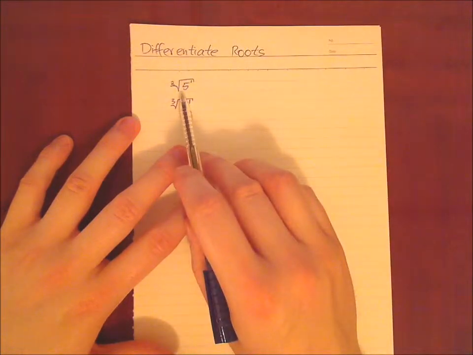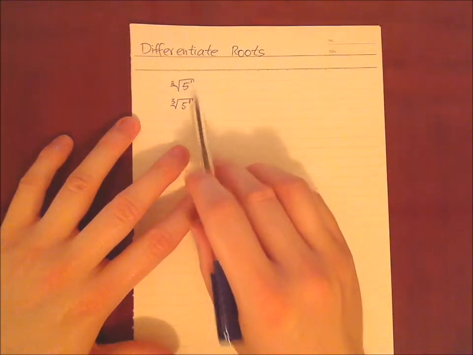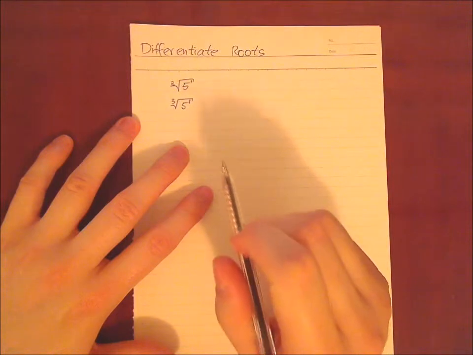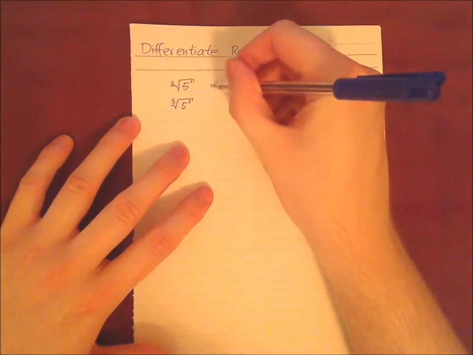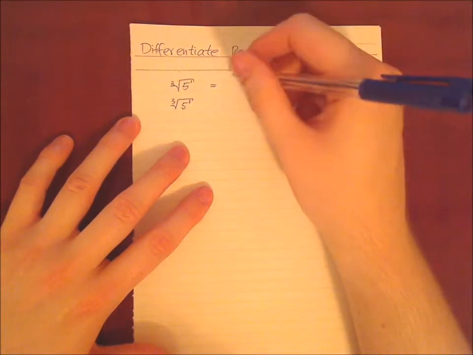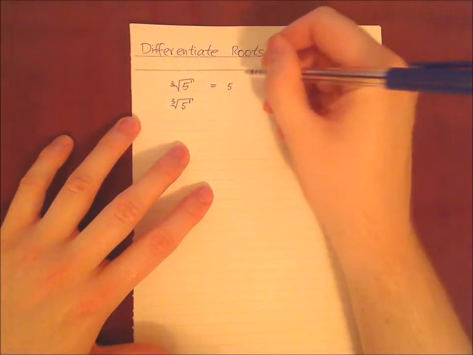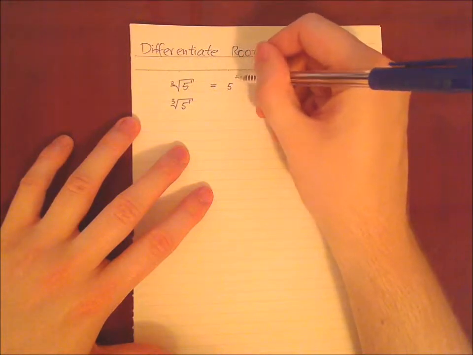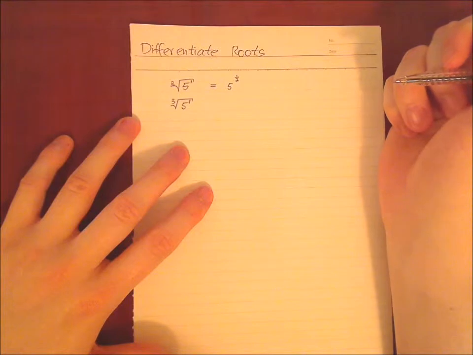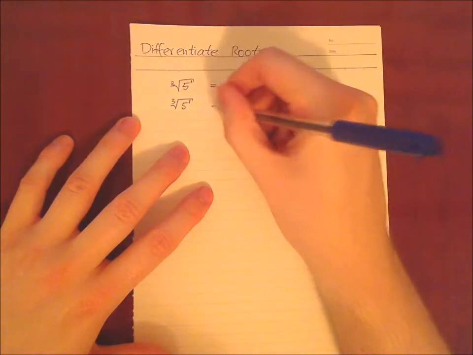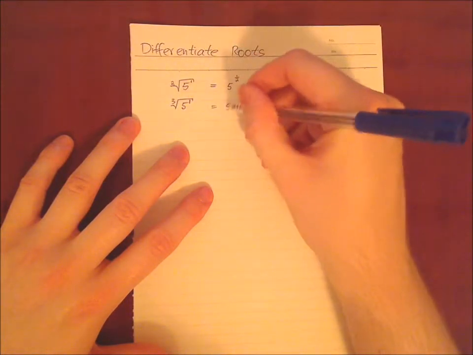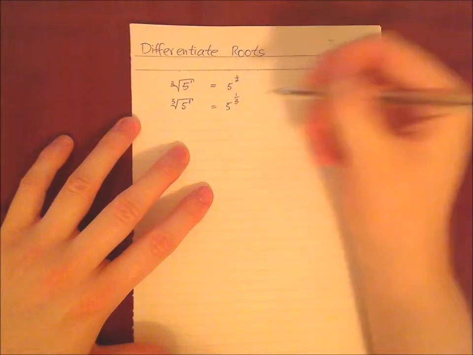And there's a second way for those roots to write them down, which is with a power. So we can write 5 to the power of a half. And in the same way we can here write 5 to the power 1/3.